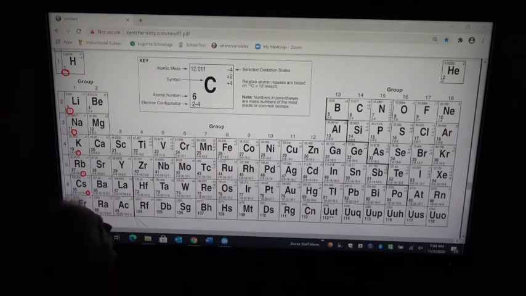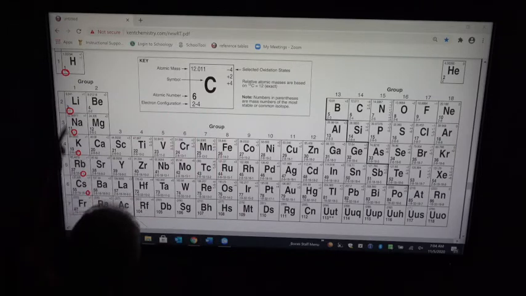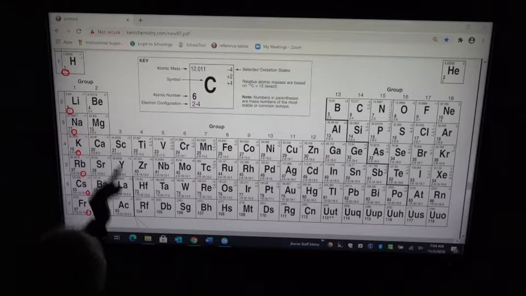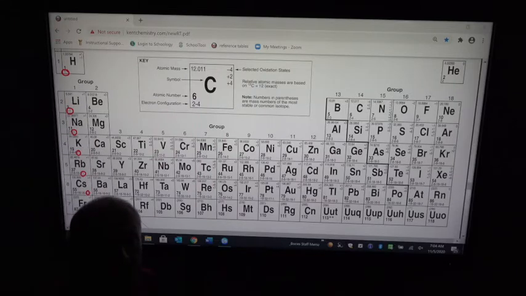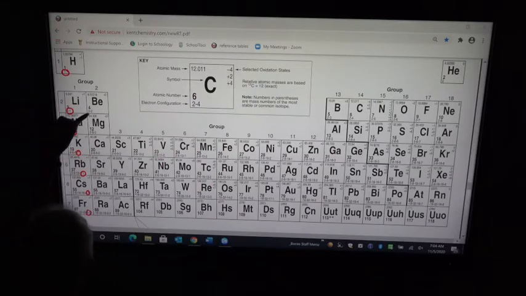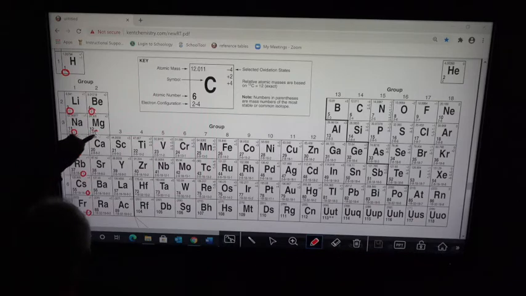So obviously, the atomic radius, or the size of the atom, gets bigger as we go down any group. So, why are the elements in group 2 put in group 2? Because they've got 2 valence electrons. Every single one of them has 2 valence electrons, so they're in group 2.